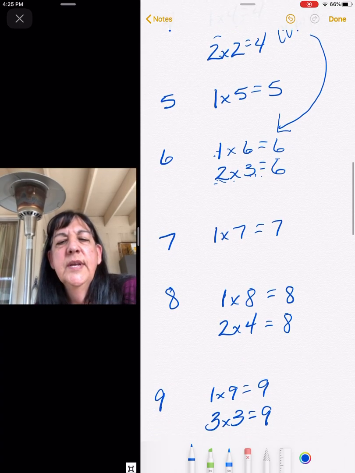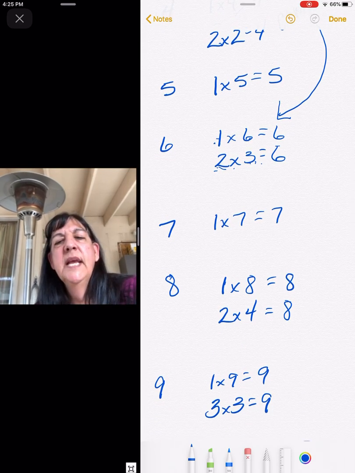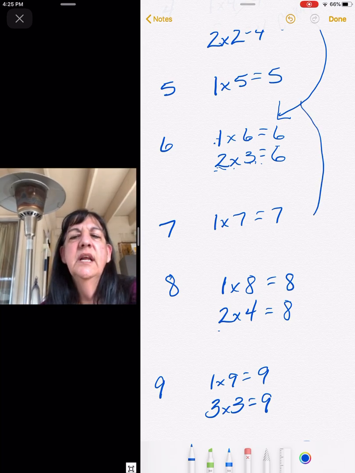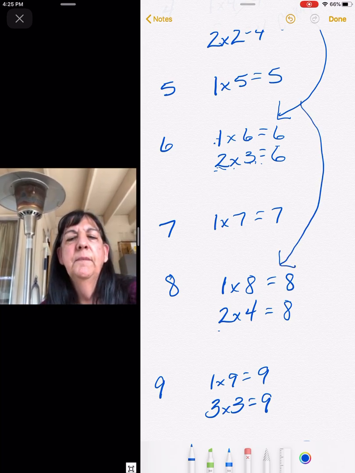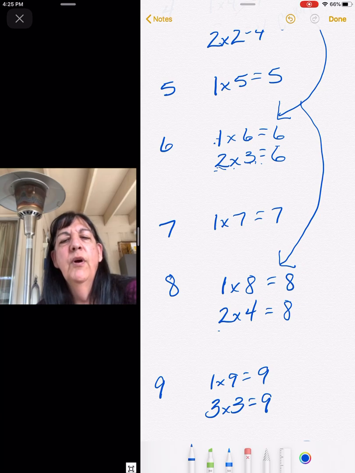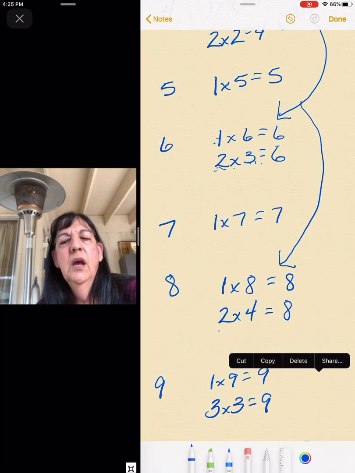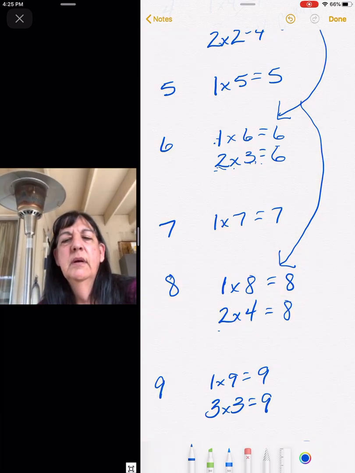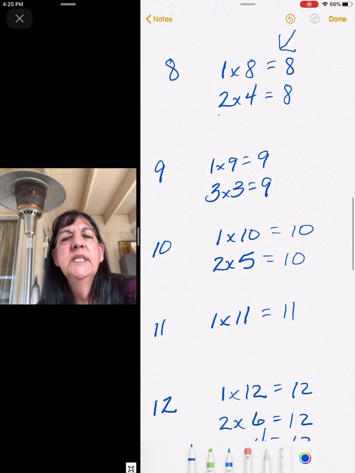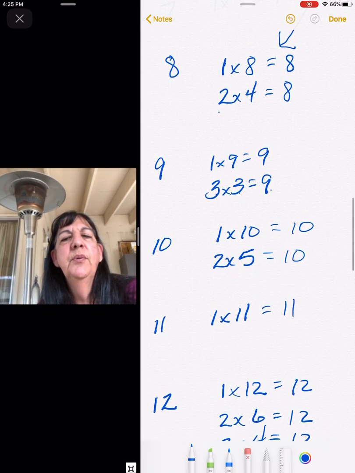I'm going to keep going to 10. 1 times 8 equals 8. 2 times 4 equals 8. So this is another composite number. There are 4 factors. 1 times 9 equals 9. 3 times 3 equals 9.